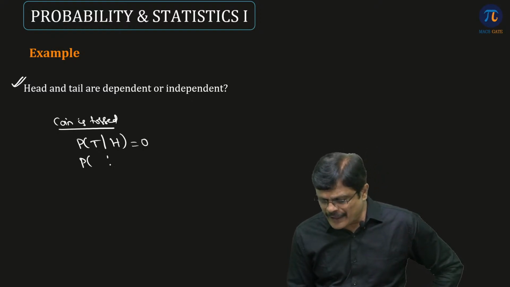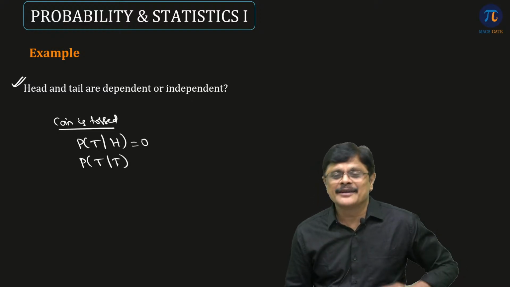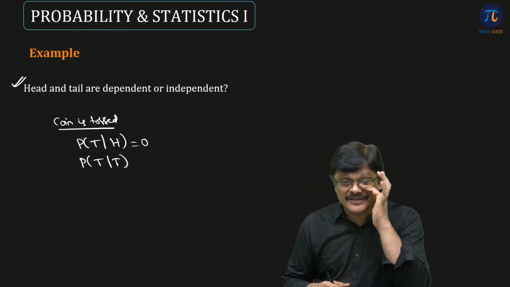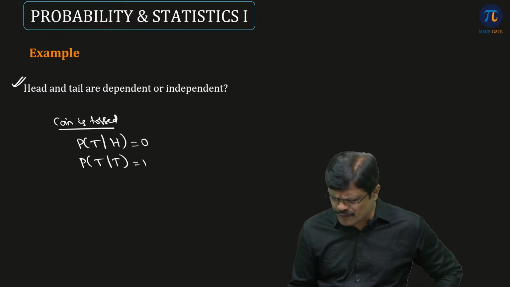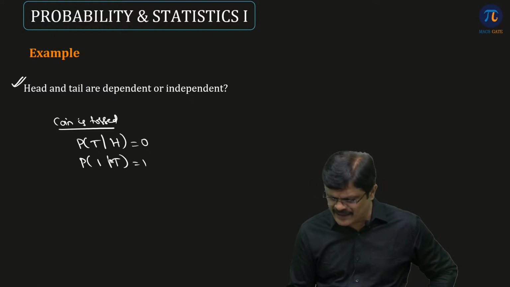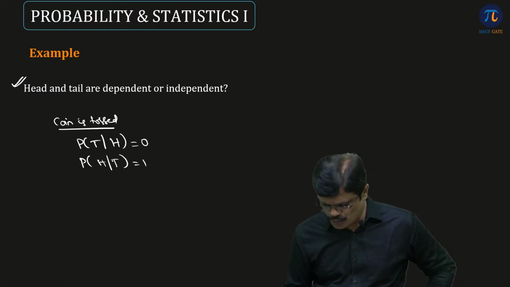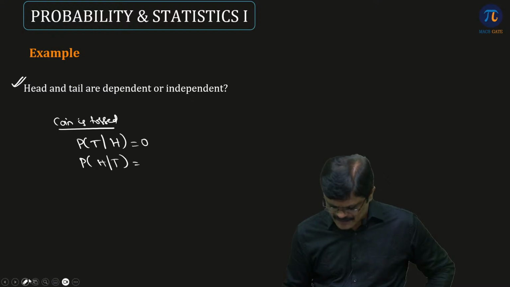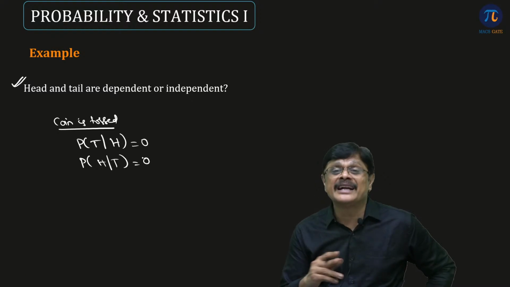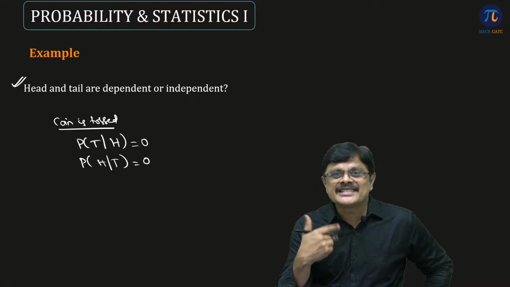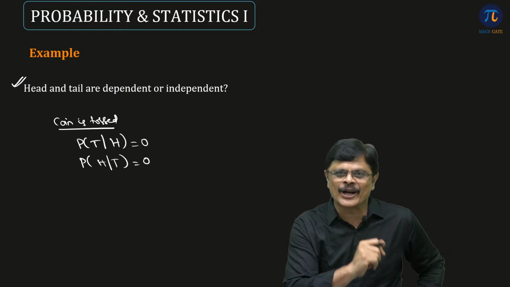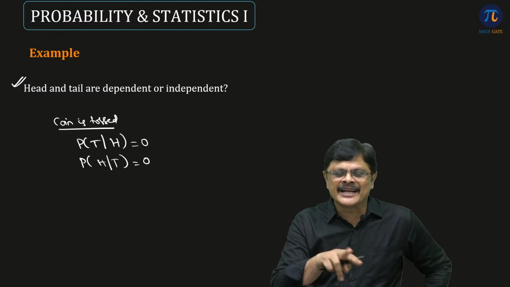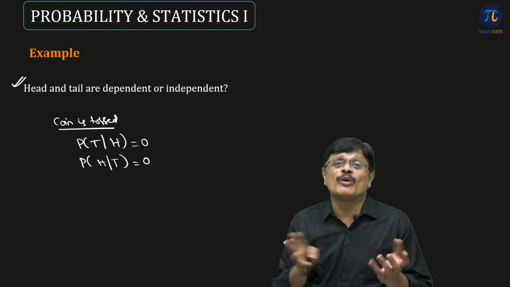If you get tail, what is the probability of getting tail in the same toss? 1. So here head and tail, of course tail is not useful here, but head and tail you need to understand. If it is tail, can you get head? No. So here they depend on each other. In a single toss, head and tail are obviously dependent, because if head happens then tail cannot happen, and if tail happens then head cannot happen. That is, they are affecting one another.